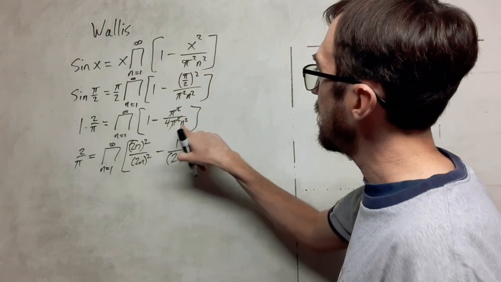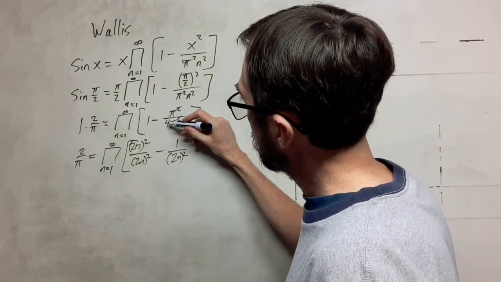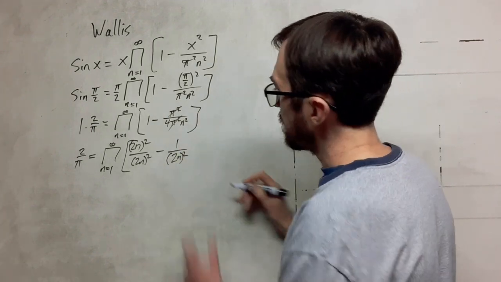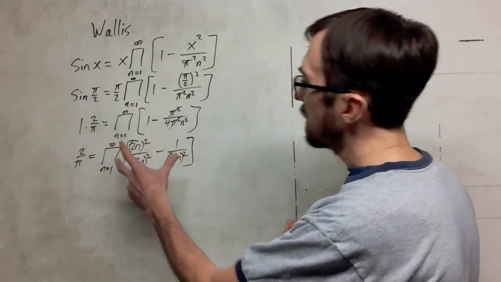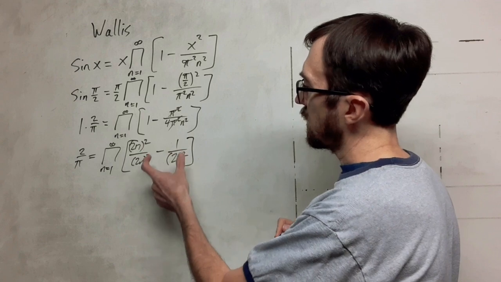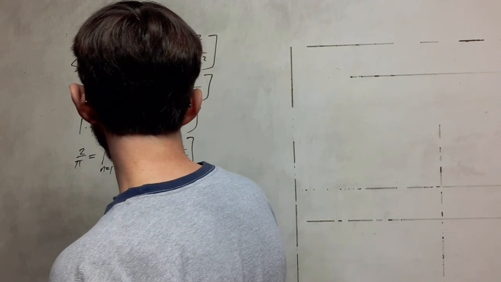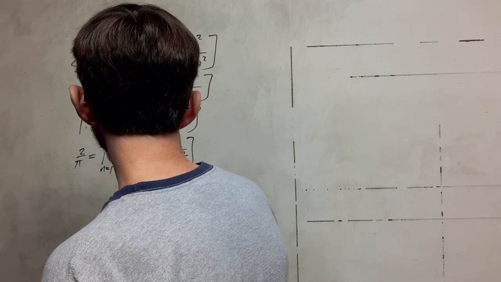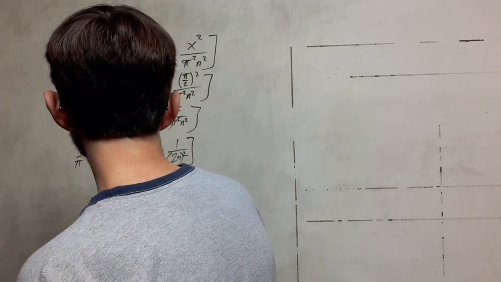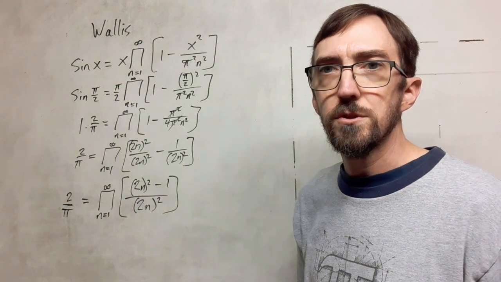If we combine the 4 and the n here and rewrite 4 as 2 to the second power, we can put this all in parentheses to the second power, and doing the same over here with the 1 for common denominators, we're going to end up with 2n squared minus 1 over 2n squared. And that's all equal to 2 over pi.